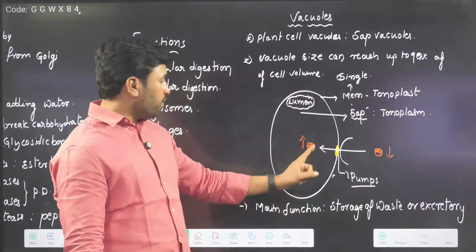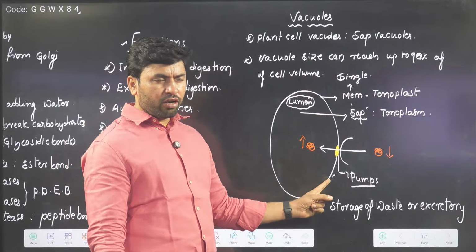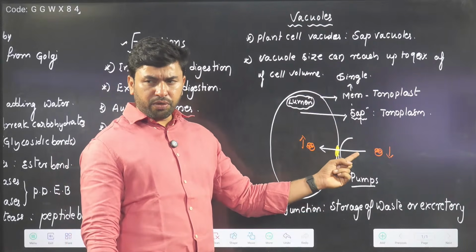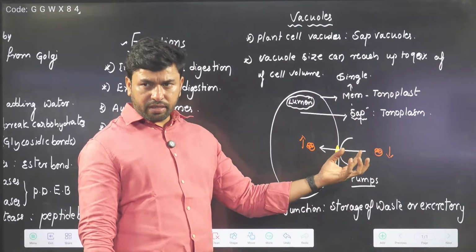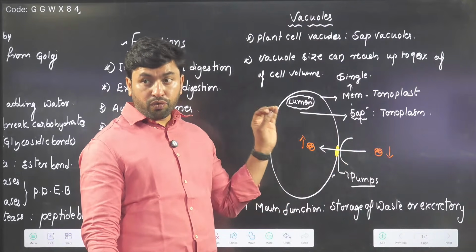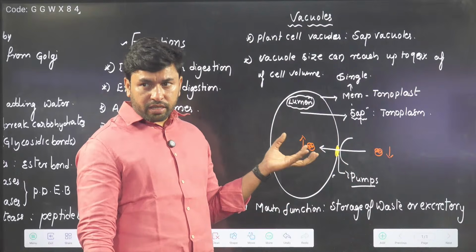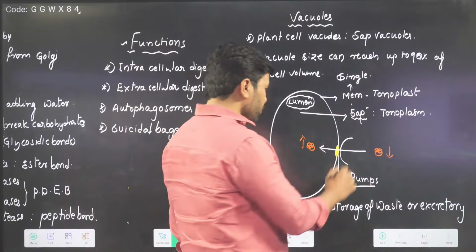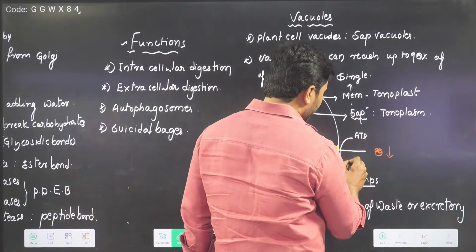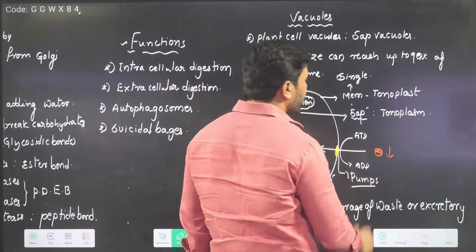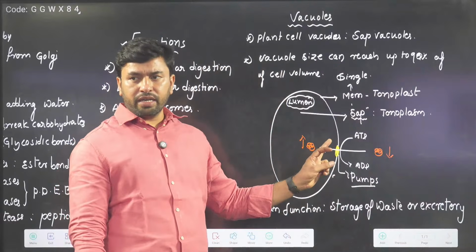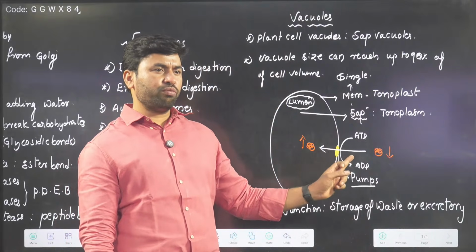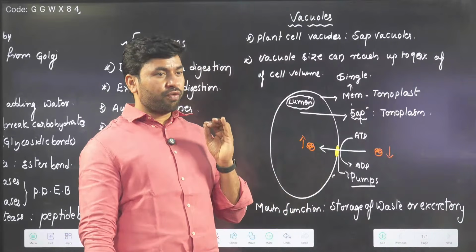Our vacuolar membrane contains a lot of pumps. Their work is one: any waste produced in the cytoplasm, they take the waste and dump it in the vacuolar lumen, so that the luminal waste material concentration is always in excess. Moving substances against the gradient obviously needs energy, so the pumps consume ATP to dump the material inside the vacuolar sap.